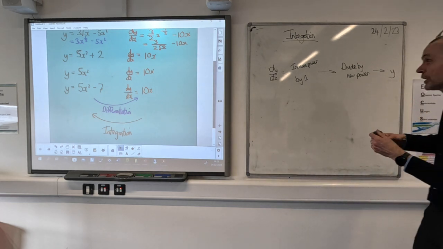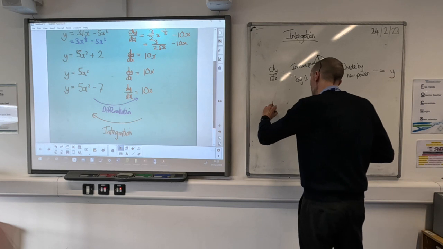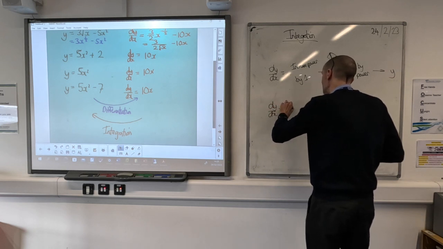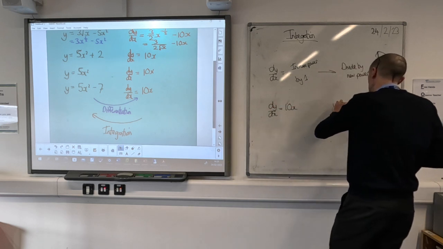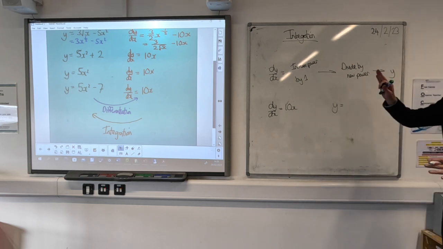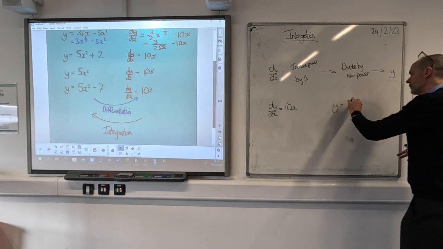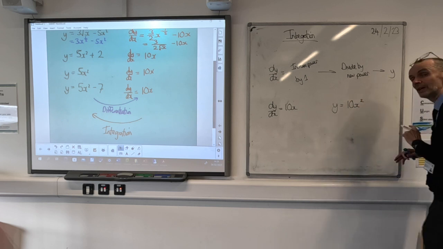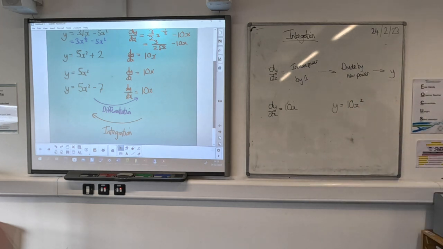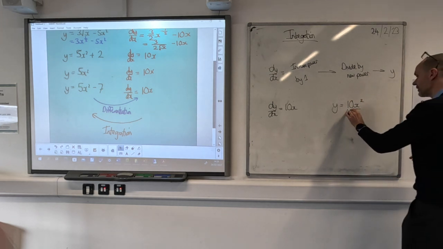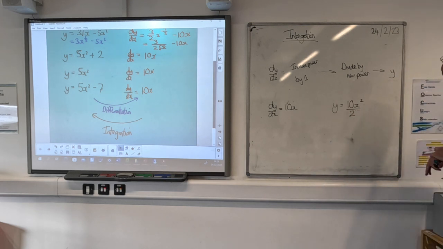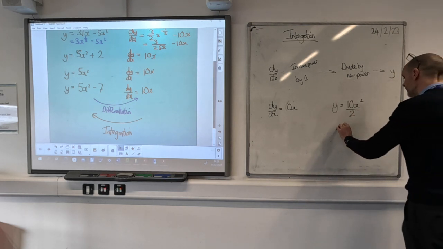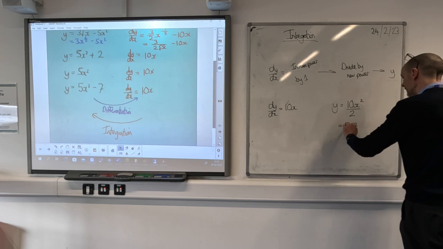And so an expression like the one we've already met there, dy by dx is 10x, I know that I need to increase the power by 1, so 10x becomes 10x squared, and divide by the new power, which is 2. 10x squared divided by 2 is 5x squared.